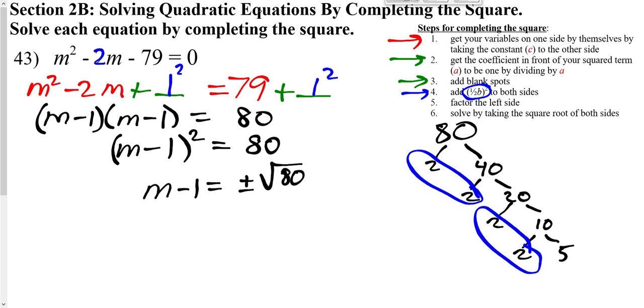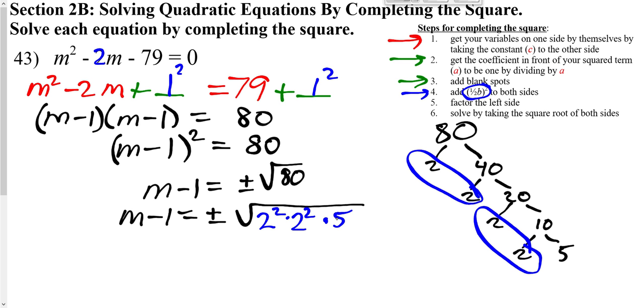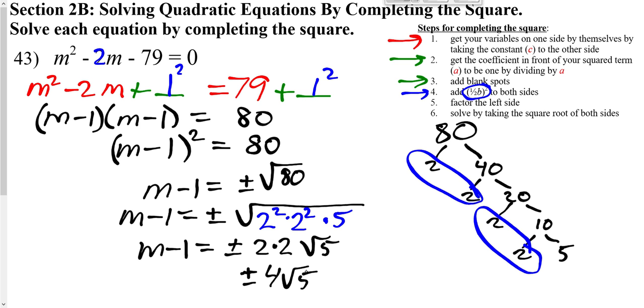So I can go ahead and rewrite 80 as a 2 squared, a second 2 squared because we have a second pair, and a 5. Now your square root undoes each one of those squarings. So we're going to get a 2 in front times another 2 in front. I can't do anything with that root 5. So in other words, it gives us a 4 root 5 when we simplify.